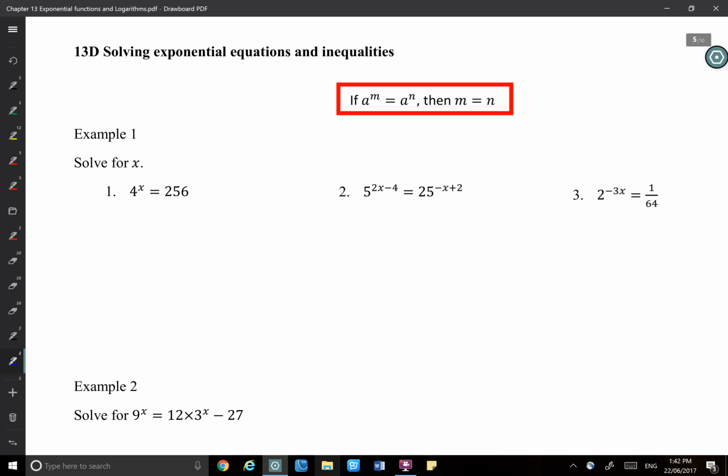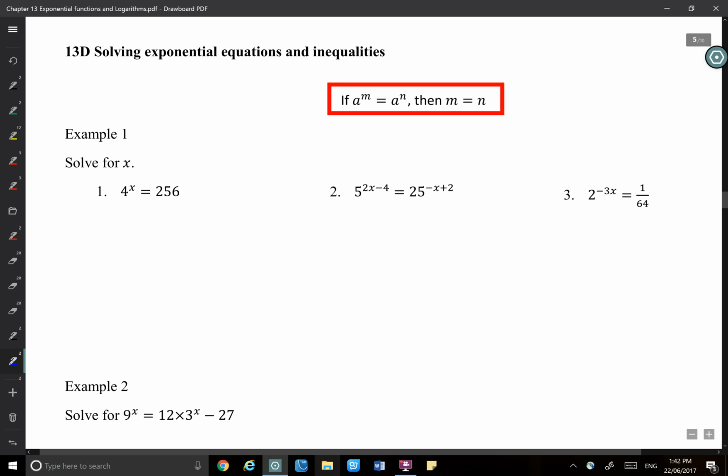On both sides, the left hand side I have 4 as my base already. I will see if the right hand side can have a base of 4 as well. So 256. Let's think. 256, and I can divide by 4 first. 256 divided by 4 is 64. 64, I'll have 8, 4, and 16, and 4, and 4.